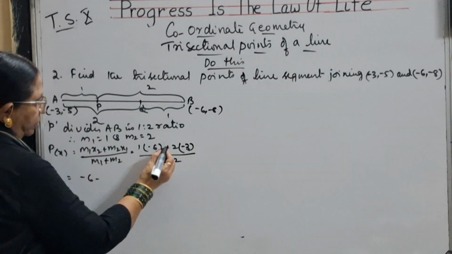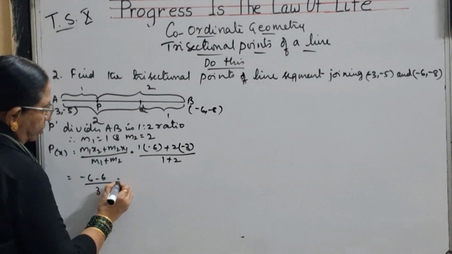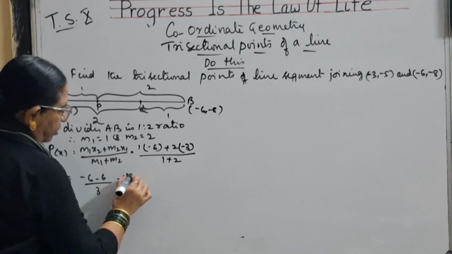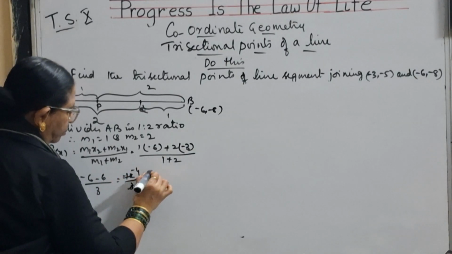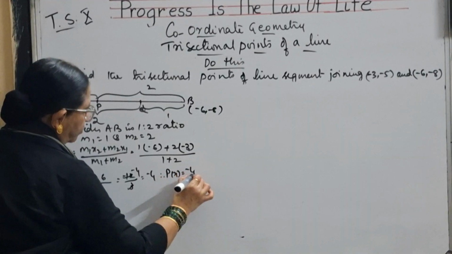That is (-6 - 6) by 3, that means -12 by 3, that is -4. Therefore, P of x is equal to -4.